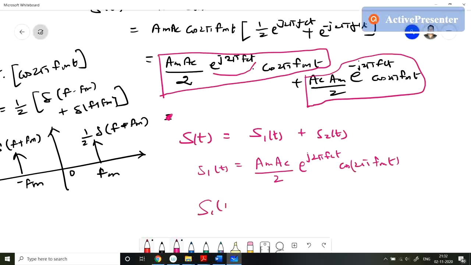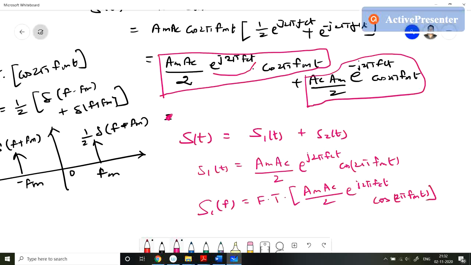So S1(f) is the Fourier transform of this signal. S1(f) is the Fourier transform of Am Ac by 2 e raised to the power j2πfc t cos 2πfm t.